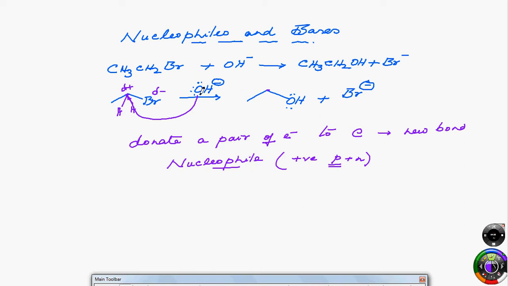So OH minus is attracted to positively charged carbon here, and it donates a pair of electrons to that carbon, forms a new bond. Therefore it is called a nucleophile. Thus a nucleophile is a reactant that provides a pair of electrons to form a new bond.